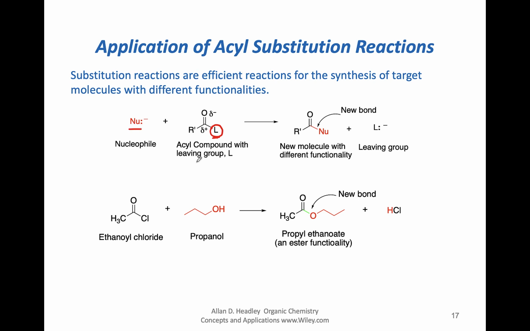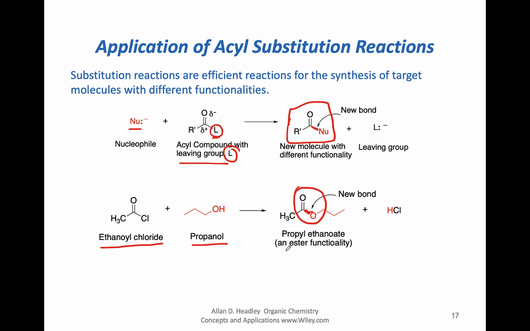Nucleophile reacting with an acyl compound with a leaving group that's good. We create a new molecule here with a new bond right here. Okay, typical example. Ethanoyl chloride reacting with propanol, we now make an ester with a new bond right here.